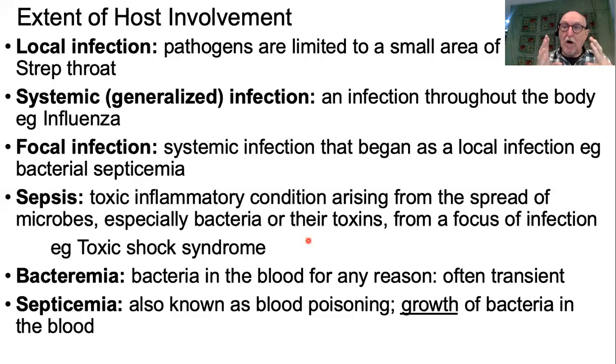It's shock because the blood pressure collapses catastrophically. And this is what we refer to as toxic shock. Toxic shock syndrome, for example, is the result of this kind of global reaction of the body to the presence of toxins released by bacteria.